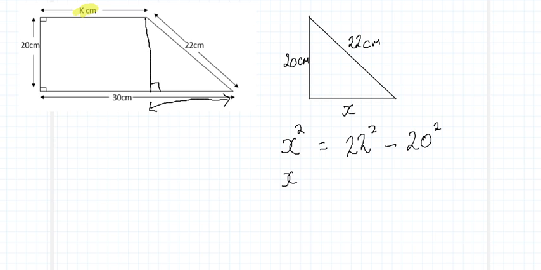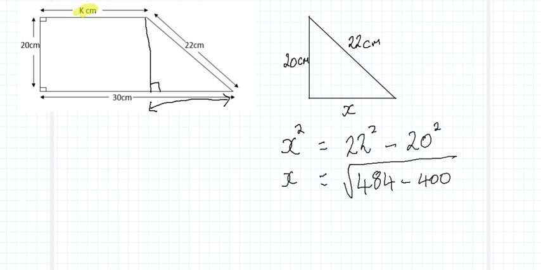Now if we carry on with our equation, we're going to square root everything here, but 22 squared works out as 484, and 20 squared is equal to 400.